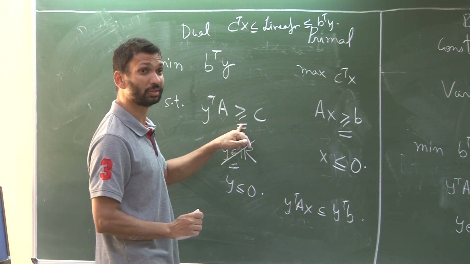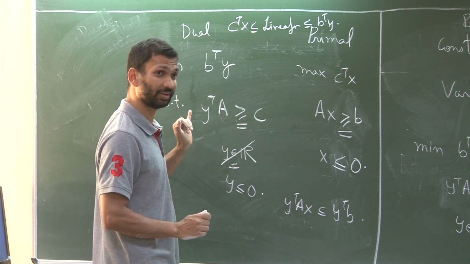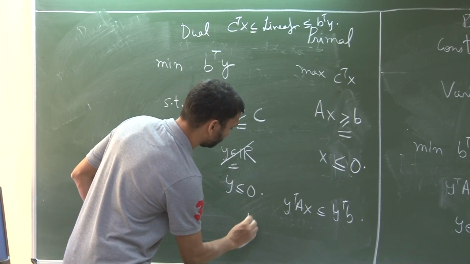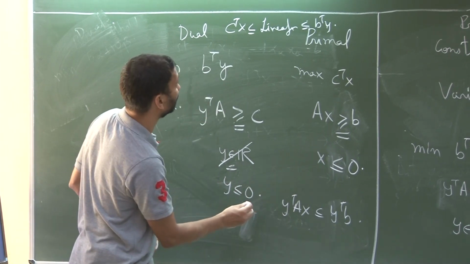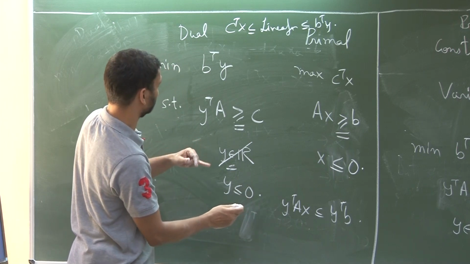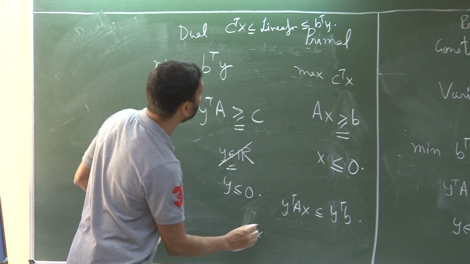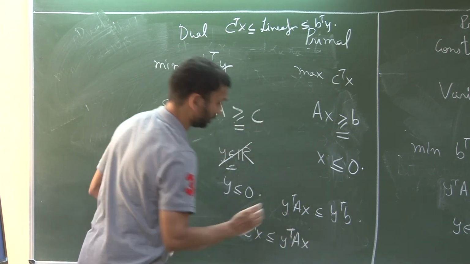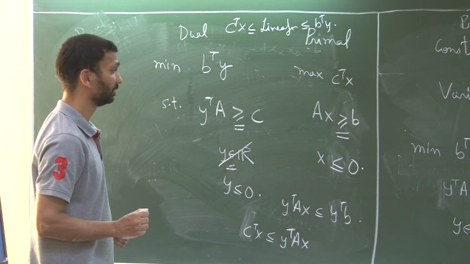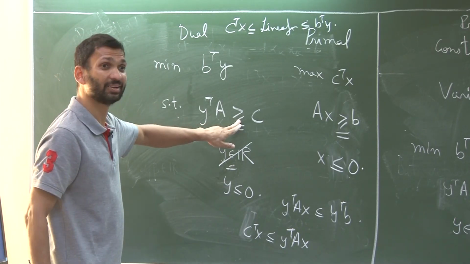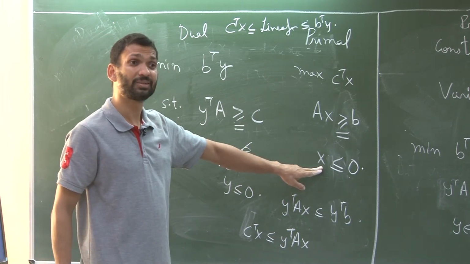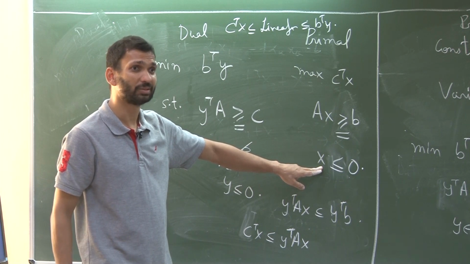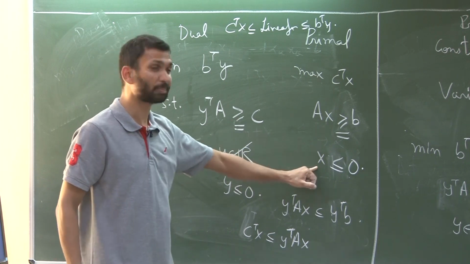Now you are worried about this side. Now you want to say C transpose X should be less than Y transpose Ax. This sign will be determined by the sign in the primal variables.